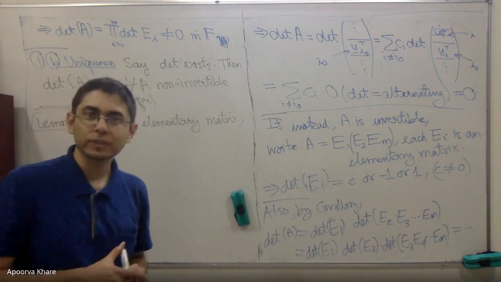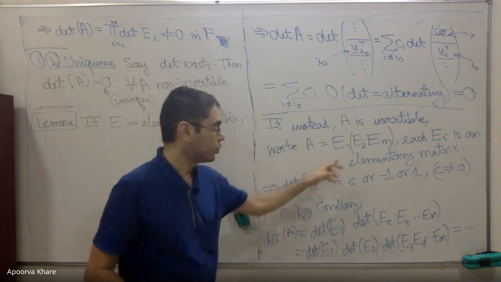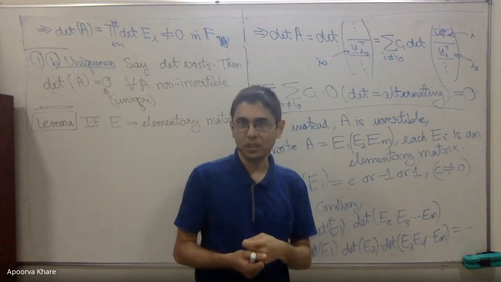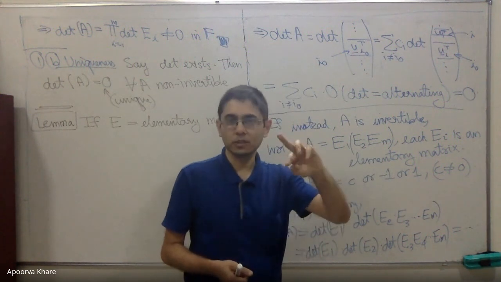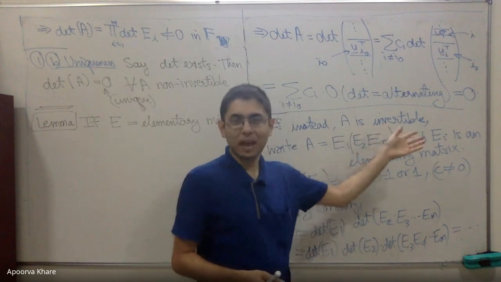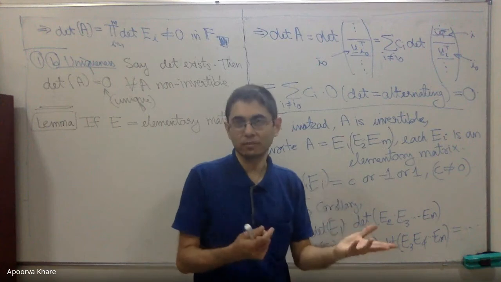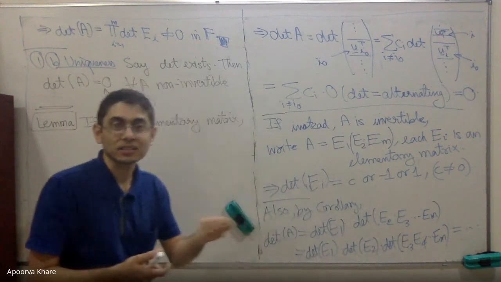The inverse of an elementary matrix is also elementary. If you multiply a row by c, the inverse multiplies the row by c inverse. If you flip two rows, that is its own inverse. And if you add c times some row, then you can add minus c times that row, which is the inverse. Basically, the operation that undoes the row operation.